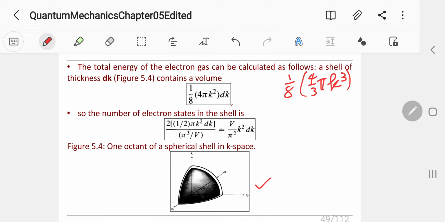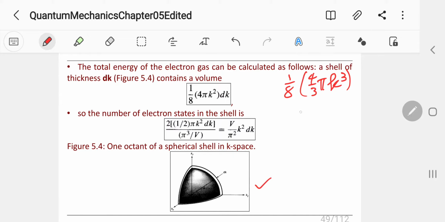If the surface area increases, or if the radius k increases, it will increase the volume of the sphere. And the increase in the volume is just the derivative of the volume.